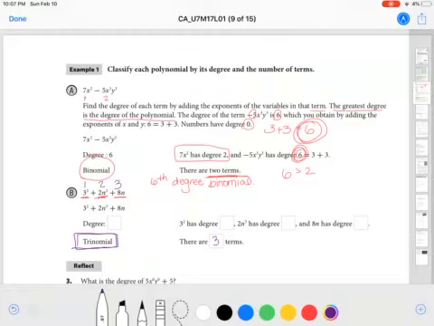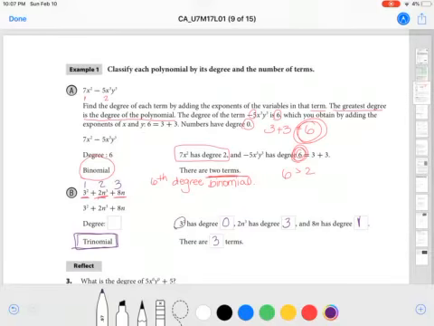Well, let's go ahead and add up those degrees. So 3 squared has a degree of 0. 2n cubed has a degree of 3, and 8n has a degree of 1.